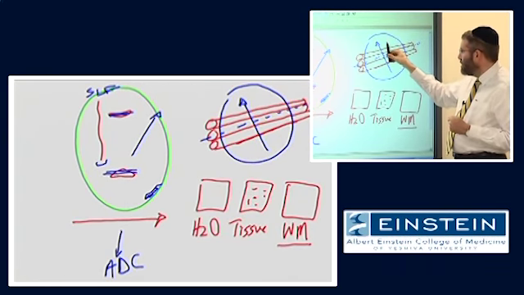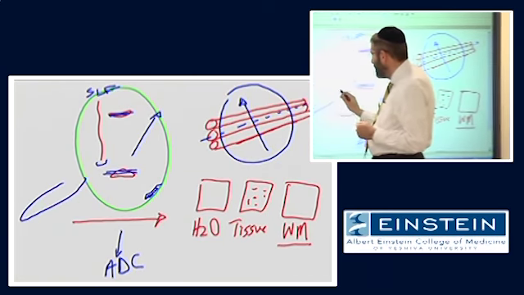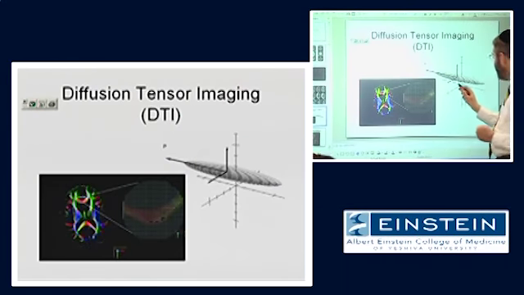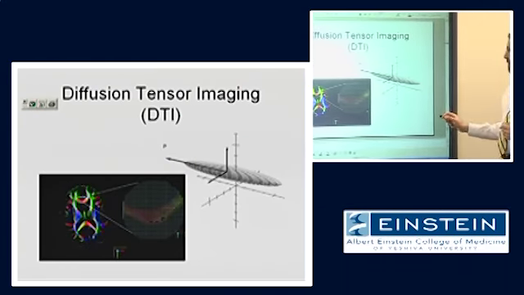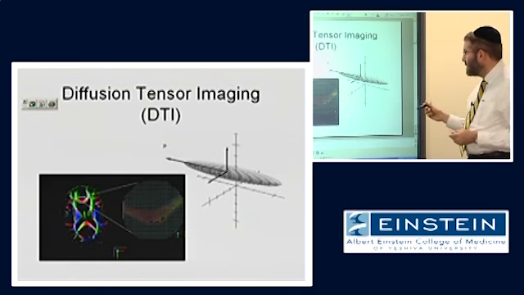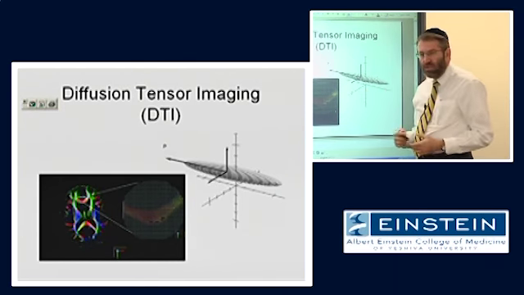But this range of directions of diffusion actually can be represented as a 3D ellipse, which is this picture over here, computed from a single location in one of these diffusion-weighted data sets. So this three-dimensional ellipse, these are the XYZ coordinates in the image.